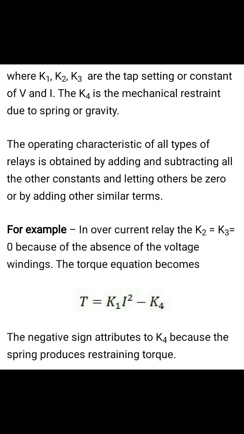Here we see an example where K1, K2, K3 are the tap settings or constants of voltage and current. K4 is the mechanical restraint due to spring or gravity. The operating characteristic of all types of relays is obtained by keeping some of the constants and letting the other two be zero, or by adding other similar terms.